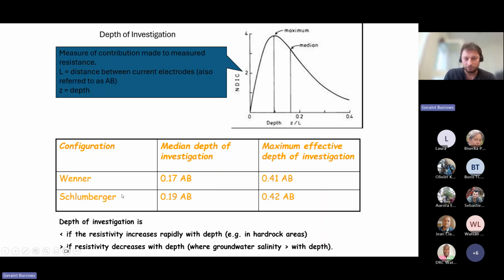With a Schlumberger array, it's just slightly greater, with your median depth being 0.19 AB and your maximum effective depth of investigation being 0.42.